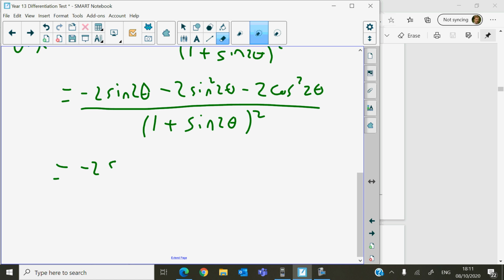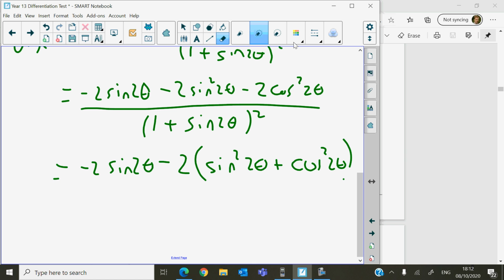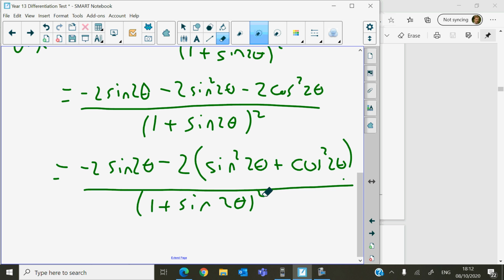I have the minus 2 sine 2 theta, and I could spot that here, this is minus 2 loads of sine squared 2 theta plus cos squared 2 theta. Notice that because I took the minus 2 out, this minus 2 is out, and that minus 2 is also out, leaving us with a positive. Still all over 1 plus sine 2 theta all squared.